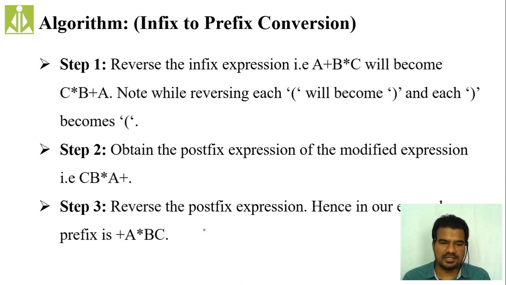As you can read the step 1 here: reverse the infix expression, that is A plus B star C will become C star B plus A. Exactly opposite to that one. While you are reversing, you have to note one particular thing. Each opening bracket will become closing bracket and each closing bracket will become opening bracket.